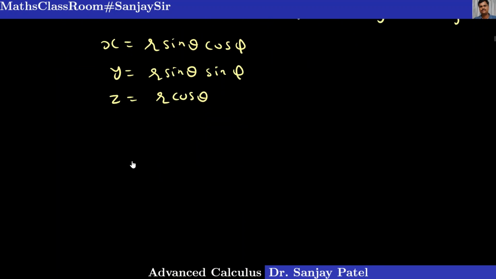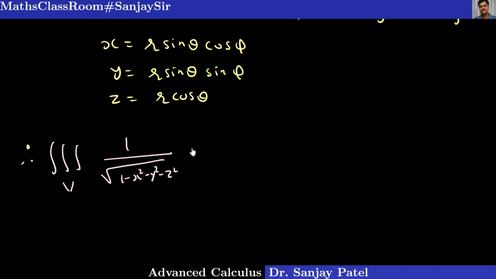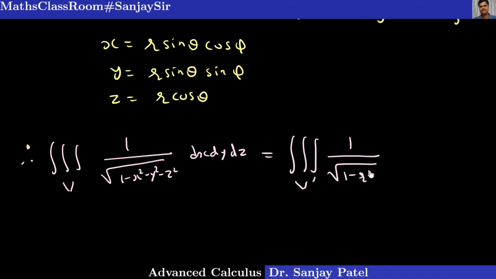So I can say that the given integral, which is triple integral over the volume V of 1 upon square root of 1 minus x square minus y square minus z square dx dy dz, is equal to the triple integral over a new volume in the spherical coordinate system of 1 upon square root of 1 minus r square, because these three equations give you x square plus y square plus z square equal to r square.